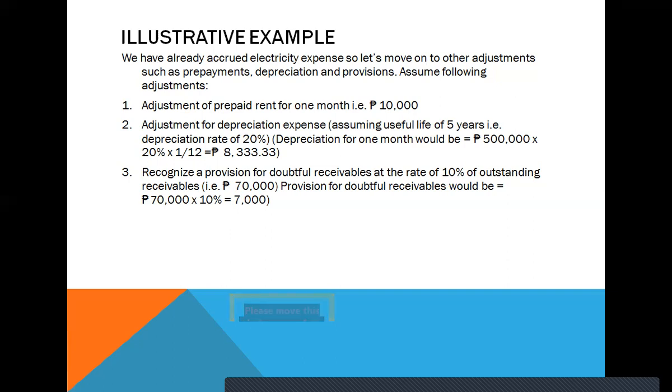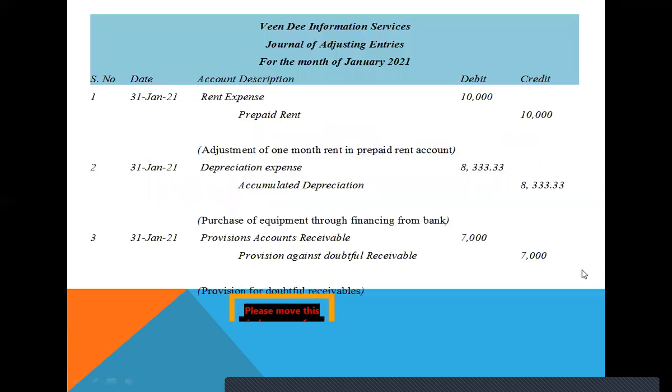To be safe, we just make a provision for doubtful receivables. The accounts receivable balance for VEEN company is 70,000 pesos. So 10% of that is 7,000 pesos. Now we are going to journalize that.